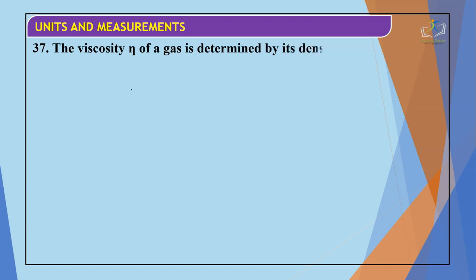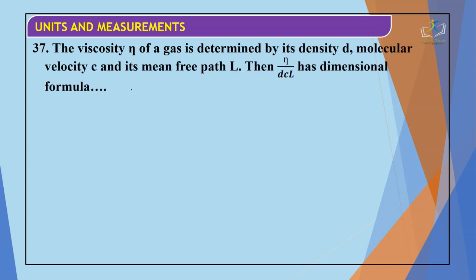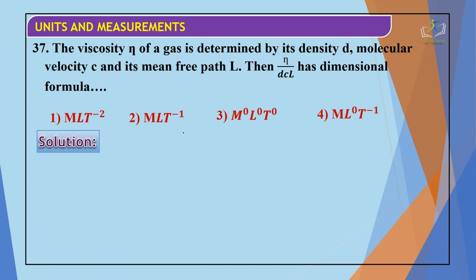Next, the viscosity eta of a gas is determined by its density D, molecular velocity C, and its mean free path L. Then eta by dCl has a dimensional formula: MLT minus 2, MLT minus 1, M0L0T0, or ML0T minus 1.